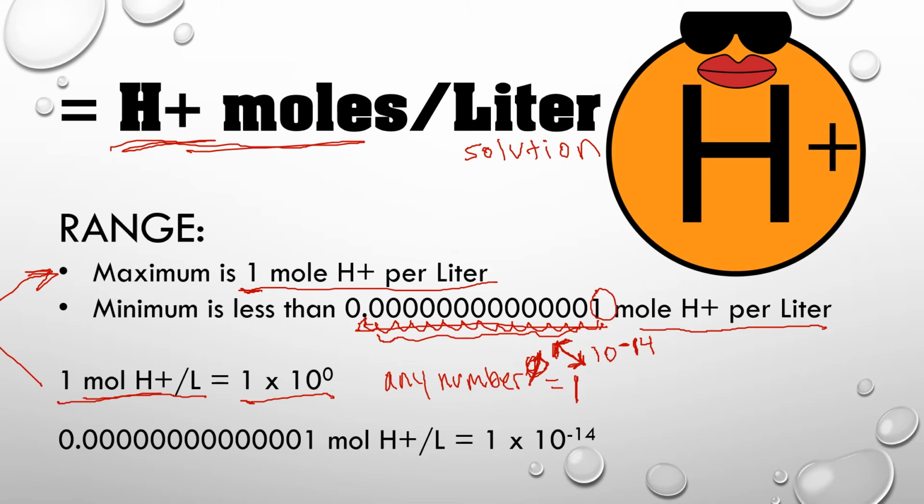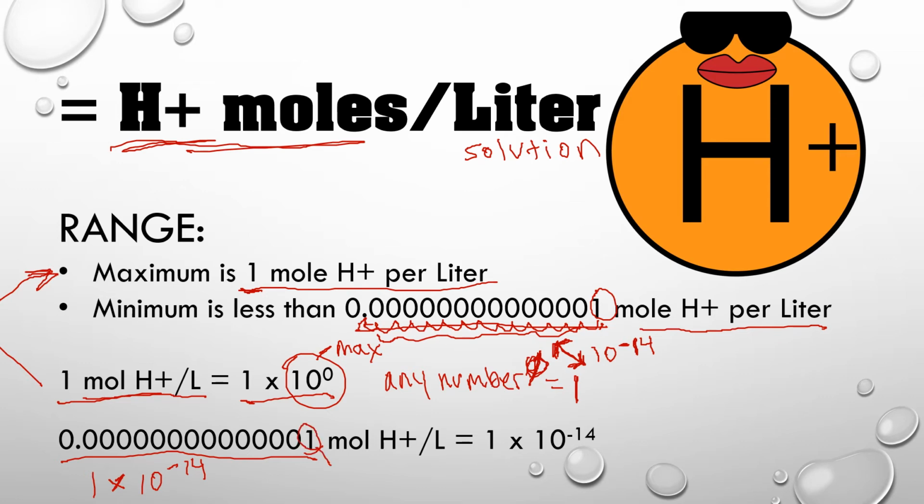So 10 to the 0 is the maximum moles of hydrogen ions per liter. And the minimum again is 10 to the negative 14. Technically we would say 1 times 10 to the negative 14th, because there's a 1 here.